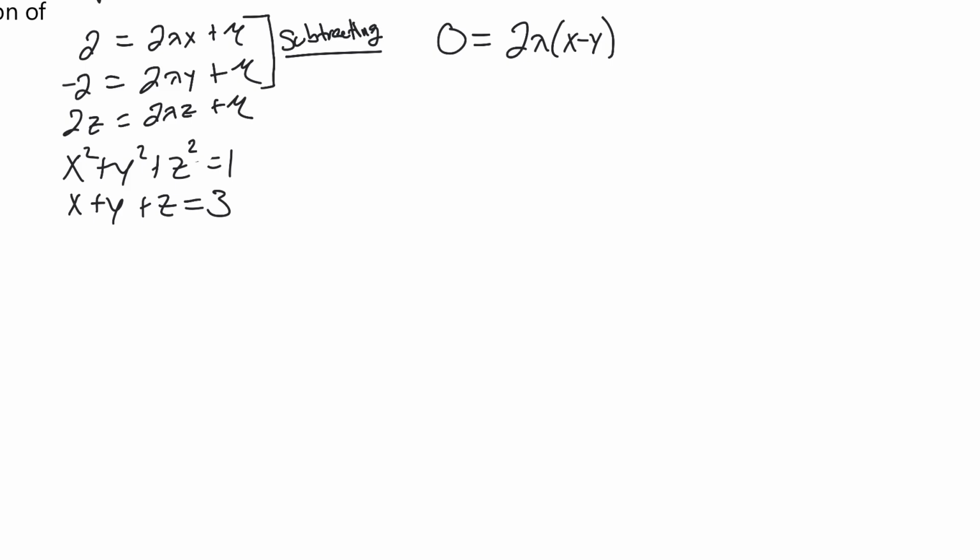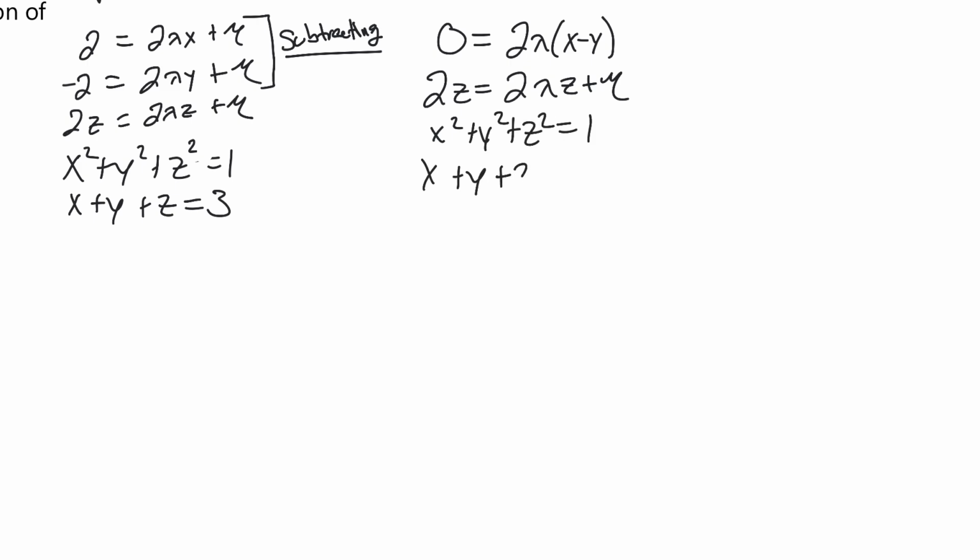And so then we have the equation 2z equals 2 lambda z plus mu, x squared plus y squared plus z squared equals 11, and x plus y plus z equals 3. So we have this little system now to concern ourselves with.